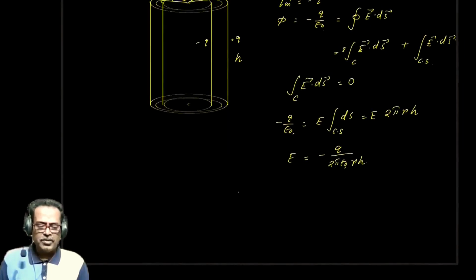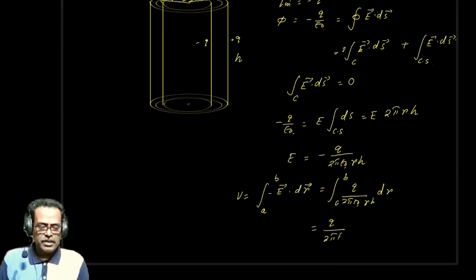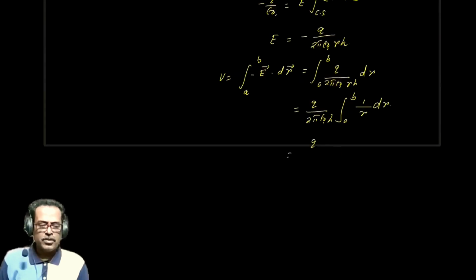Now, V is equal to the integration of -E dot dr, with limits A to B, which is equal to the integration from A to B of Q/(2πε0RH) dr, which is equal to Q/(2πε0H) times the integration from A to B of 1/R dr, which is equal to Q/(2πε0H) times ln R from A to B, which is Q/(2πε0H) ln(B/A). So V is equal to this.